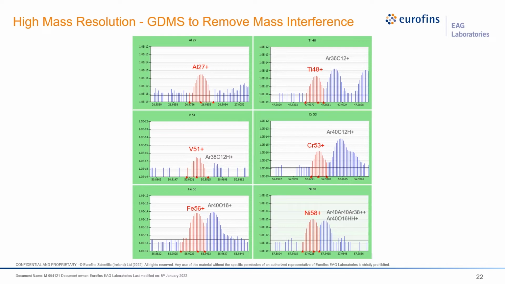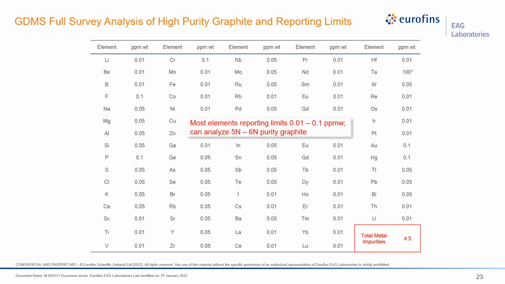For example, some of the key metal impurities in carbon, let's say titanium 48, chromium, vanadium, iron, and nickel, you can see they all have mass interferences with very, very similar masses. But with our high resolution mass spec, we can easily resolve them, and that gives us the ability to accurately quantify those elements.